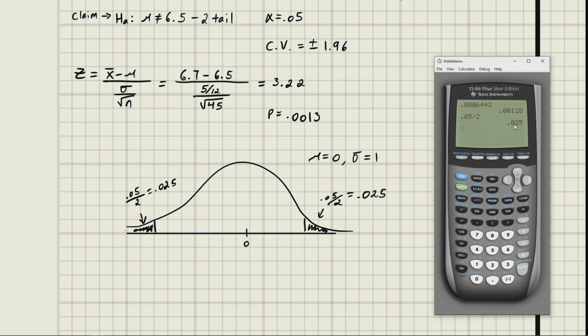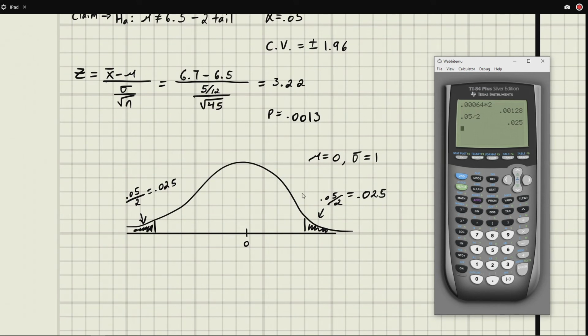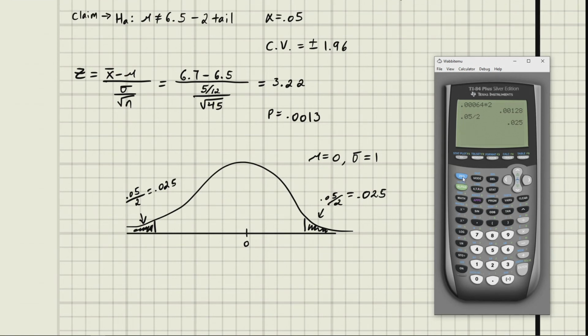Now I've already got them written up here, but the way you would find it is according to the distribution. So we're using a z distribution. So we're going to go to the distribution table, hit second distribution, and then go to option 3, inverse normal. We can give it an area and it will give us a z-score back.